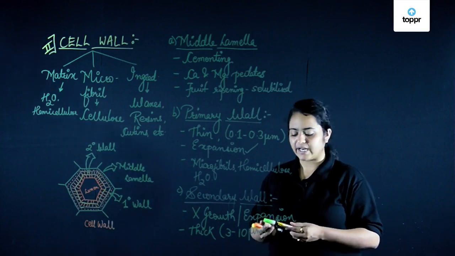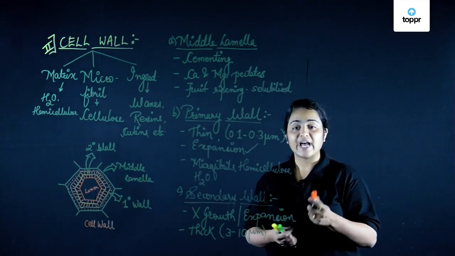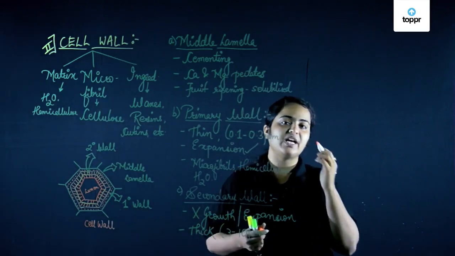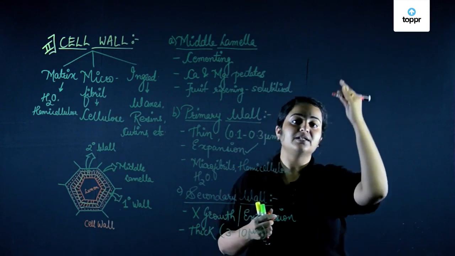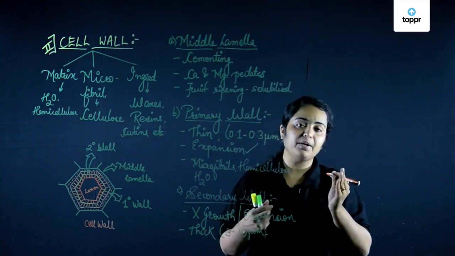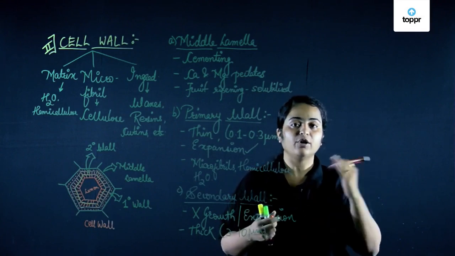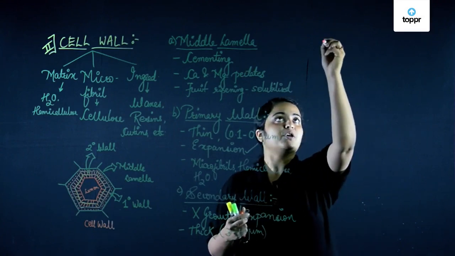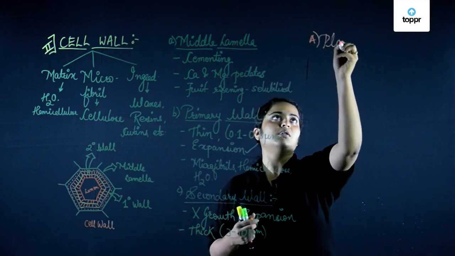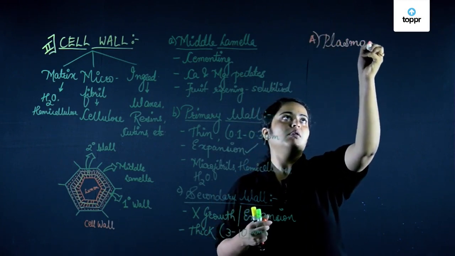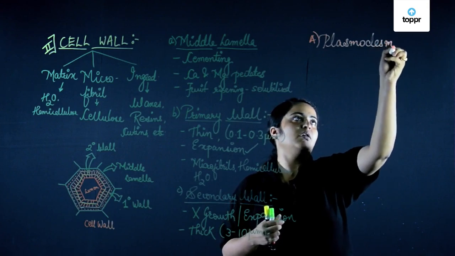Apart from these three layers, we have something else also. We have two major components which help a lot for the proper functioning of the plant cell. Now the first most important component is the plasmodesmata.